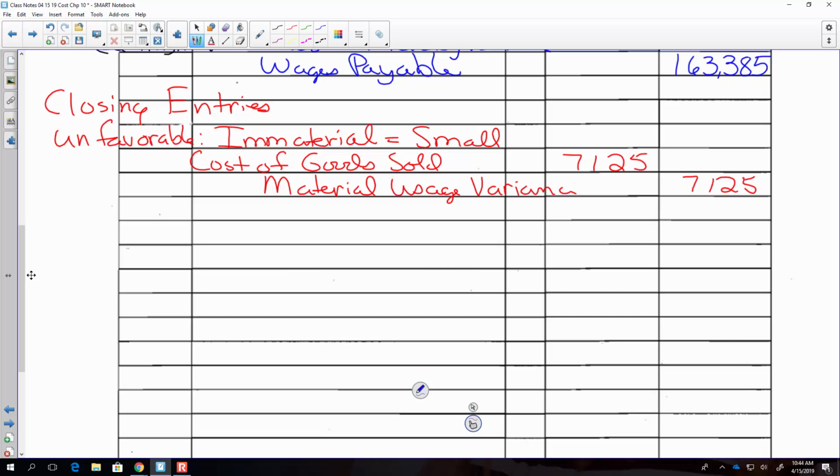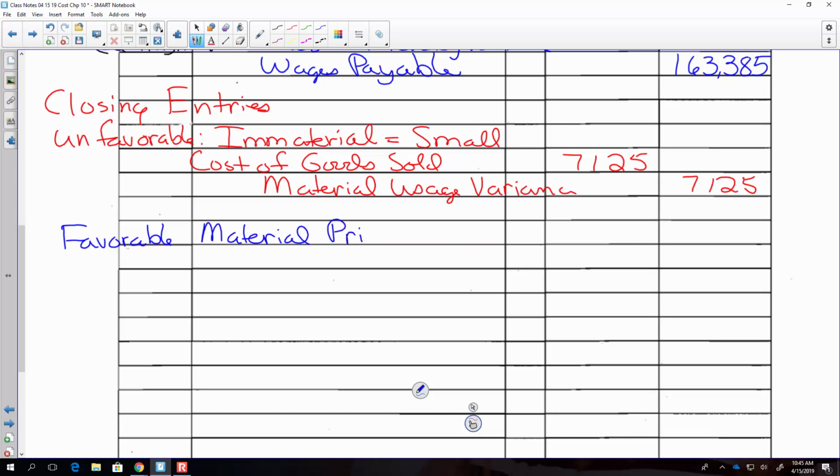Our favorable variances obviously would be next, all in one entry. So here the variances favorable, they're normal credit balances. We got to get rid of them as a debit entry.